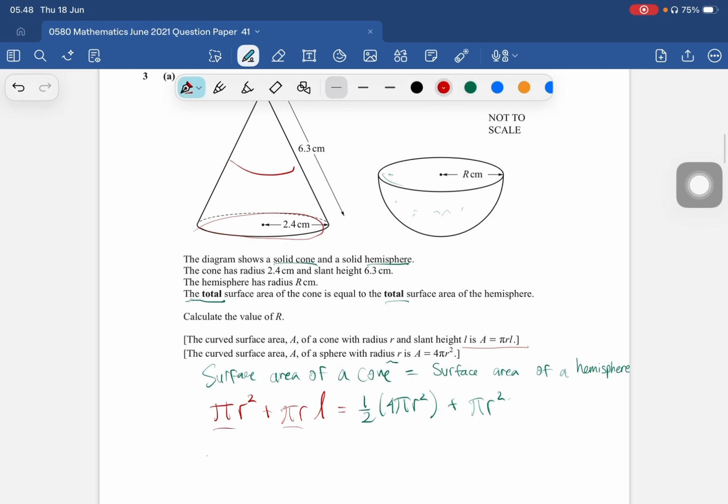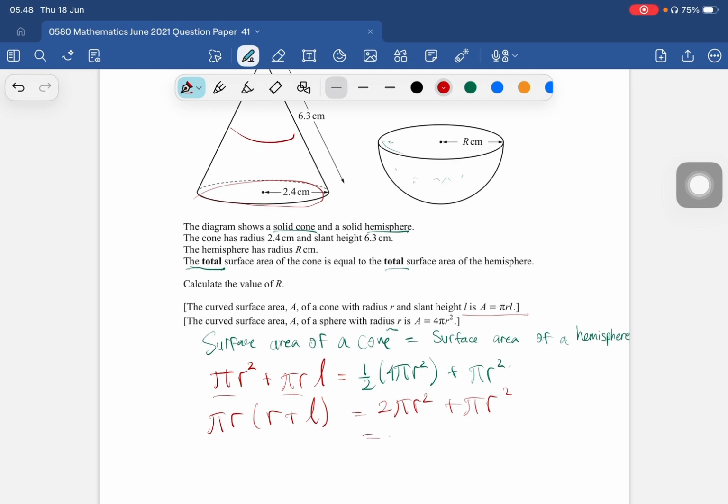Here we can factorize pi r, and it's going to be r plus L. We can continue. Here it's going to be 2 pi R squared plus pi R squared. Here also we can factorize to be pi R squared, multiplied by 2 plus 1.